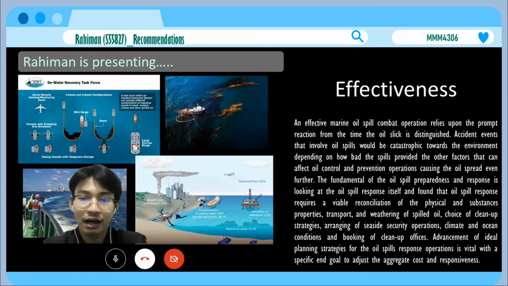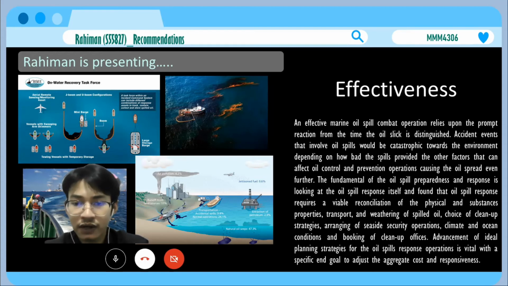Okay, about the effectiveness, an effective marine oil spill combat operation relies upon the prompt reaction from the time the oil slick is distinguished. An accident event that involves an oil spill will be catastrophic towards the environment depending on how bad the spill is. Other factors can affect oil spill control and prevention operations, making the spill even worse.